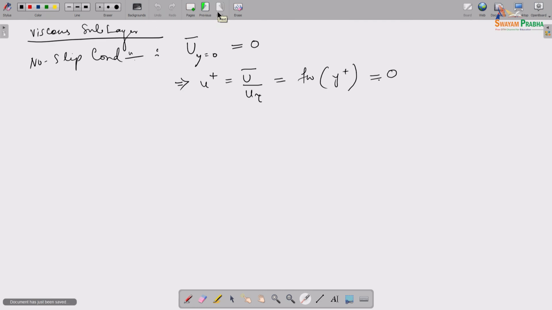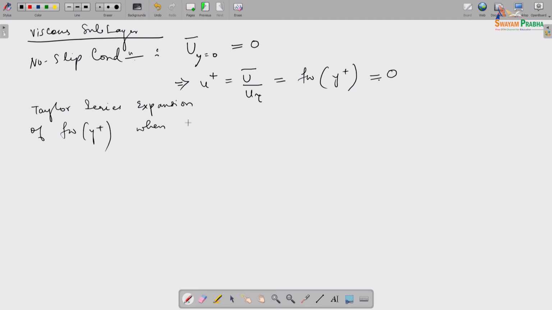Now let's take a Taylor series expansion of this function when y plus is small.